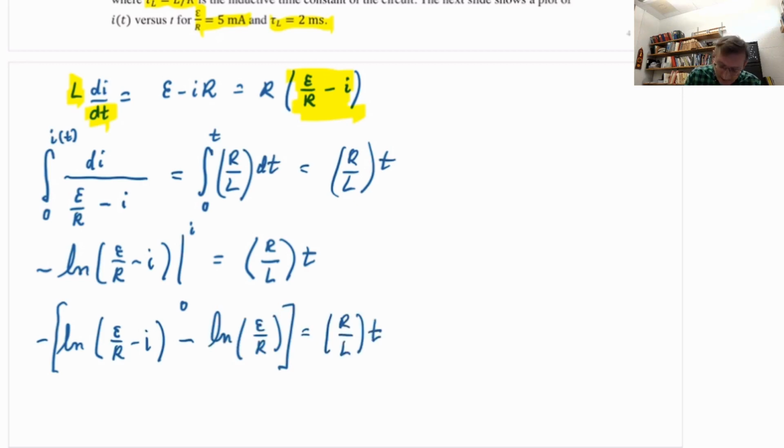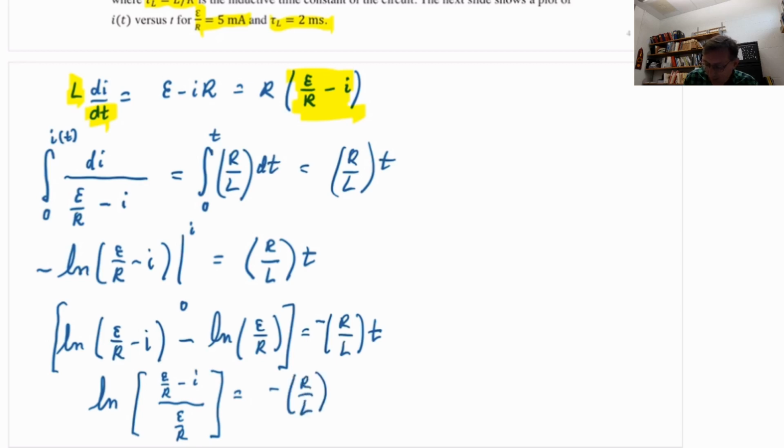Let me take that negative sign on the left and put it on the right. Then we use the property of logarithms, that log A minus log B is log of A over B. And write this as log of E over R minus I all over E over R. Like that.